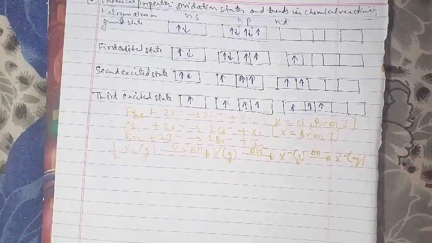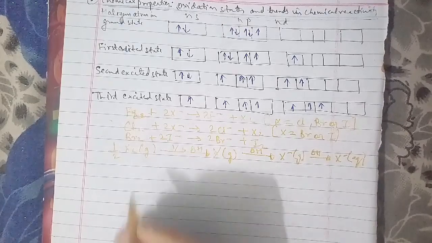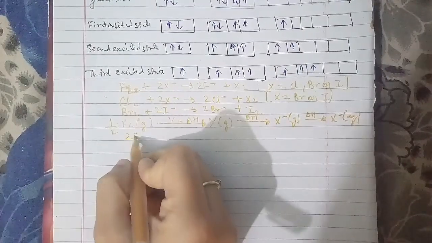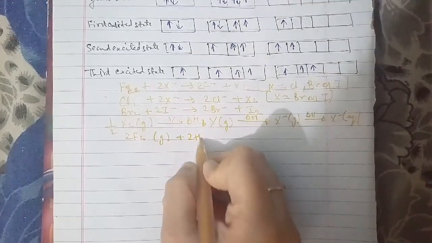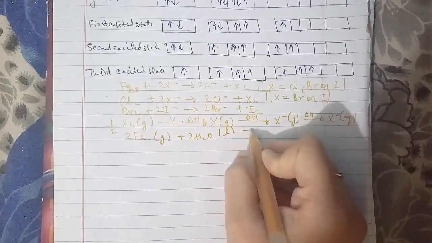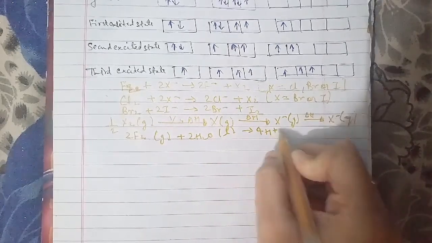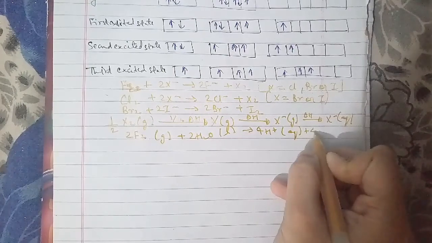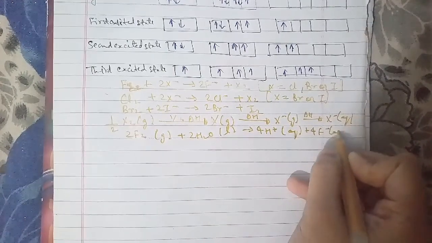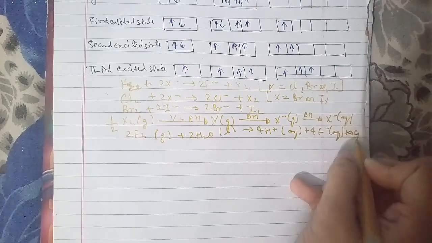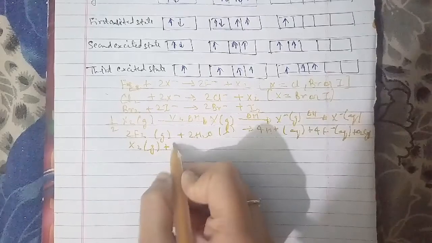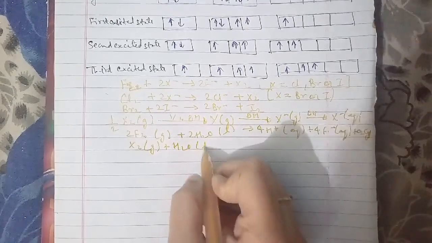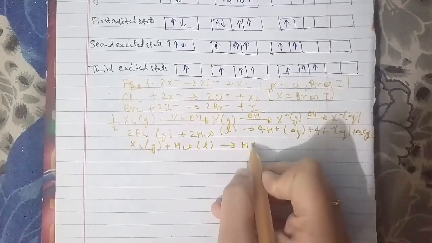X2 gas plus H2O liquid gives HX aqueous plus HOX aqueous, where X is chlorine or bromine. And 4I minus aqueous plus 4H plus aqueous plus O2 gas gives 2I2 solid plus 2H2O liquid.